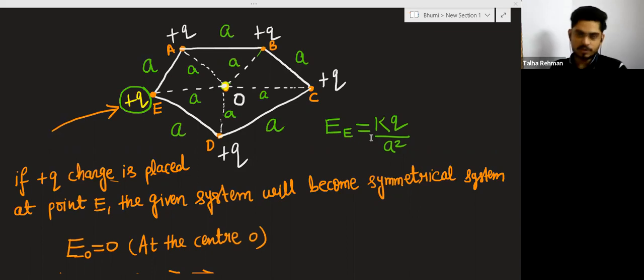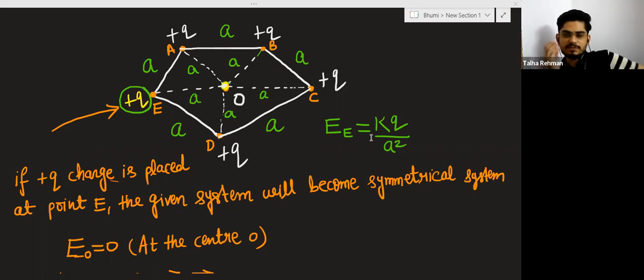As on the fifth corner there was no charge earlier, but for solving the question, I have placed a positive charge here so that the system will become symmetric. I can also place a negative charge at point E, but I have not, because then the system will not be symmetric.